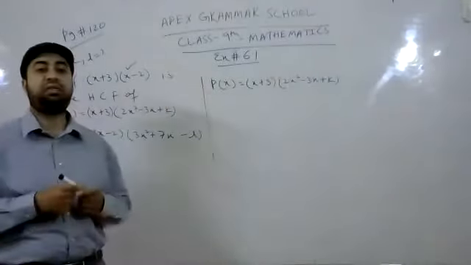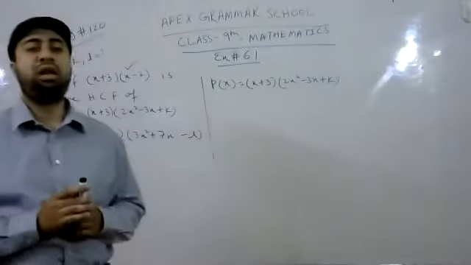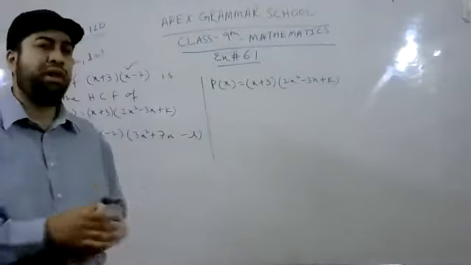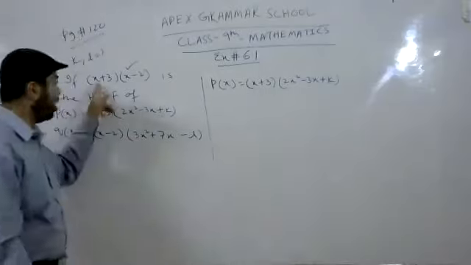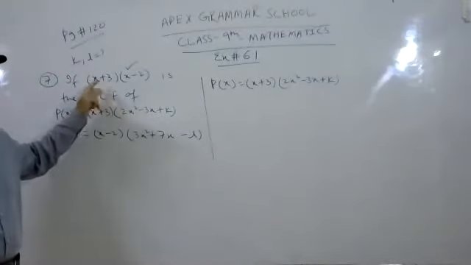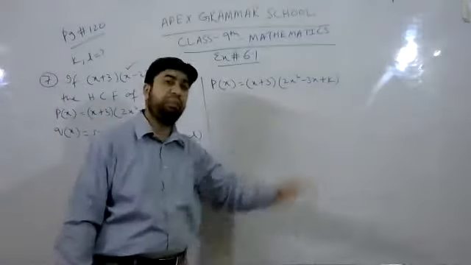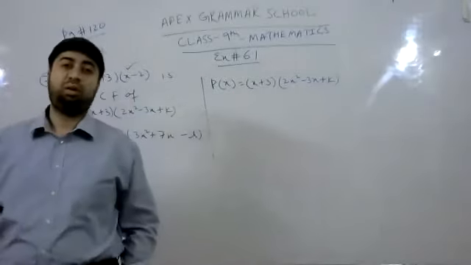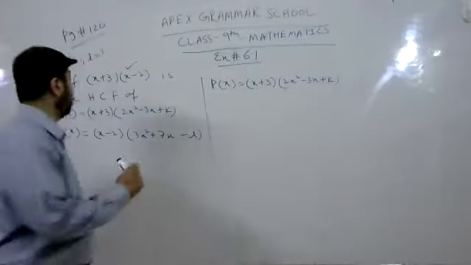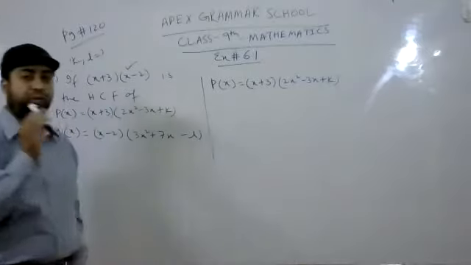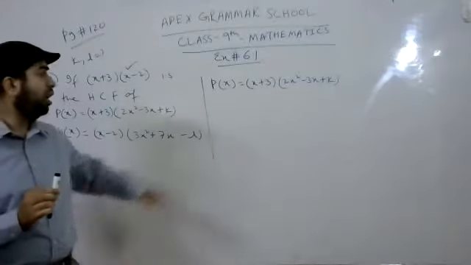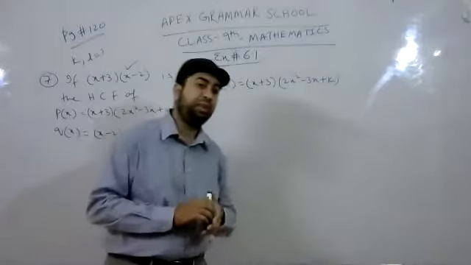So this was just for demonstration. You need to verify without solving this. If I apply this one, x + 3 will be -3 + 3, which is 0. So this is not a good thing for finding the value of the unknown variable present in it.